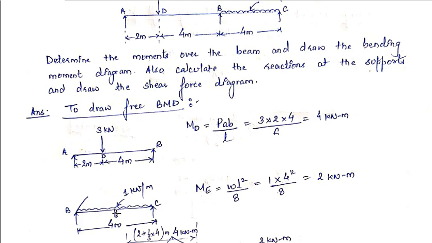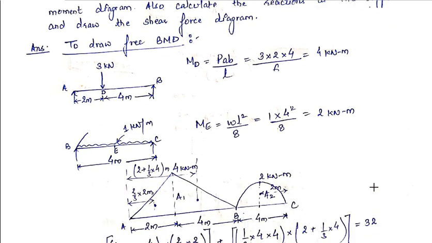So the maximum bending moment will occur at the midspan. Suppose the midspan is at E point. So ME, we know the value is WL square by 8. So just put the values. UDL is 1. The total length of the beam is 4. So 1 into 4 whole square, divided by 8 will give you 2 kilonewton meter.